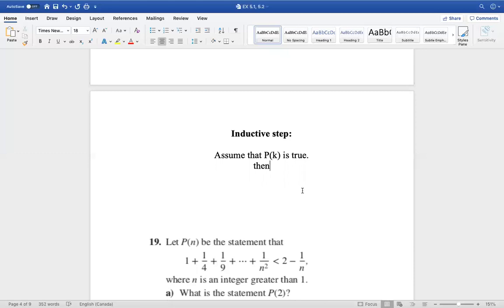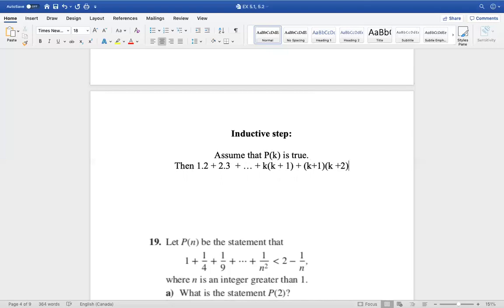Now 1.2 plus 2.3 plus ... plus k into k plus 1. This is until we have P(k). Now we have to define the one step further. What is that step further? The next value in line will be k plus 1 and then k plus 2.